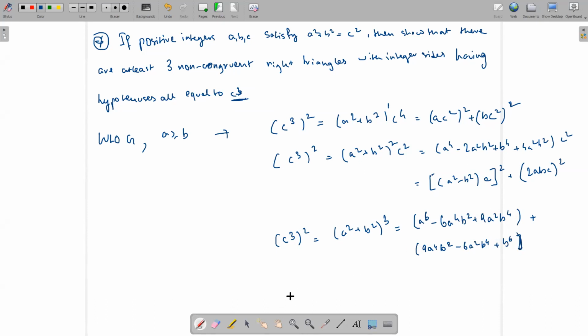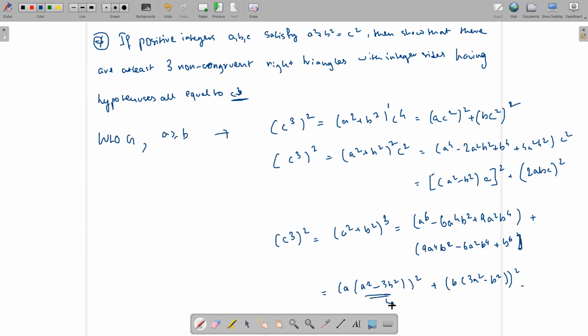So this should be equal to a times (a squared minus 3b squared) whole squared plus b times (3a squared minus b squared) whole squared.